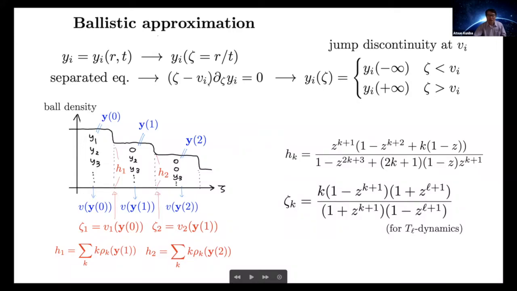If it's on the left side of a certain v_i, then it must equal the leftmost value, and if it's greater than v_i, it must equal the rightmost value, if we assume that it only changes once. But if you see this diagram, it's obvious that it can only change once.